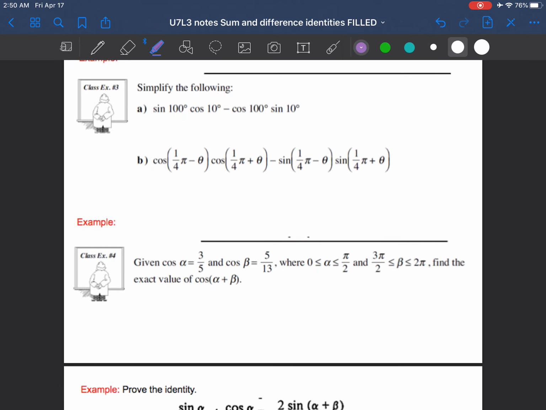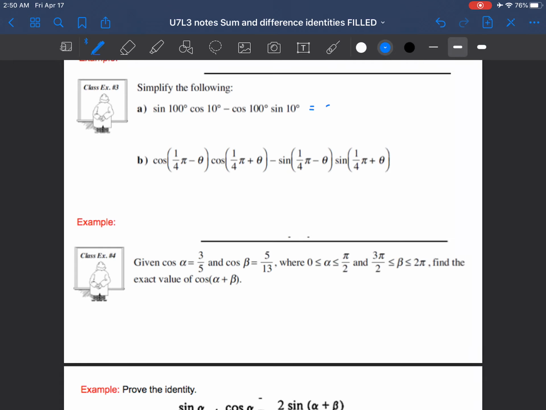Okay, some simplifying. So we need to recognize what identity we're using here. I've got sine and cosine, so right away I'm thinking this is a sine identity. I've got a minus, so it's a minus sine identity, right?